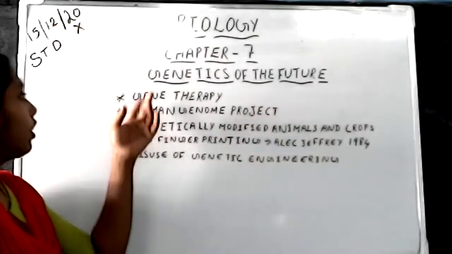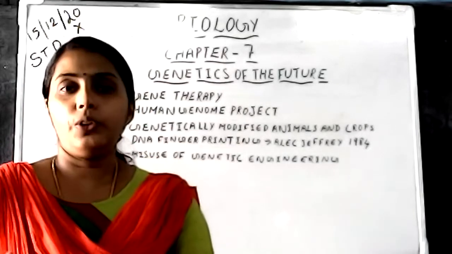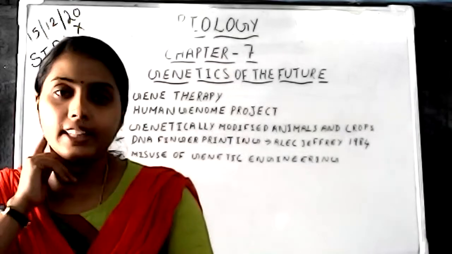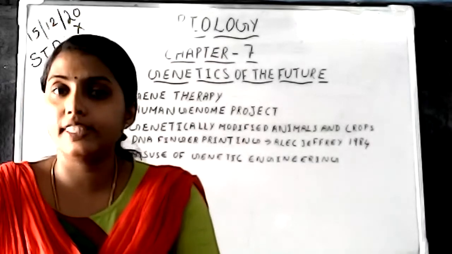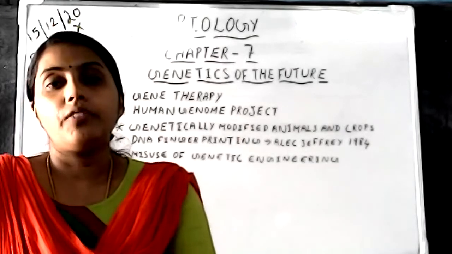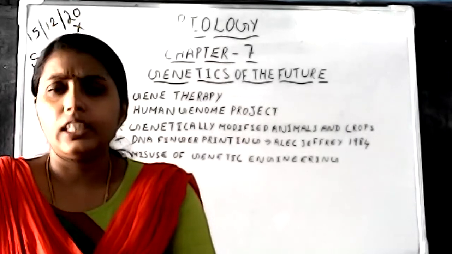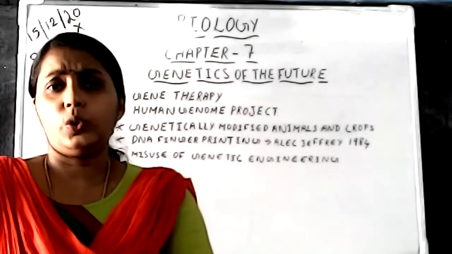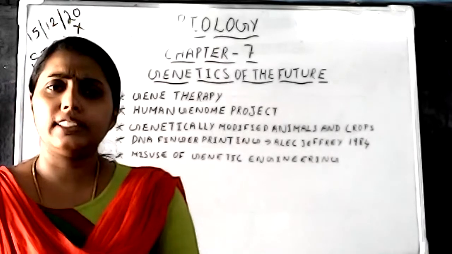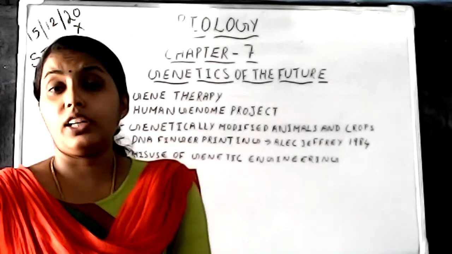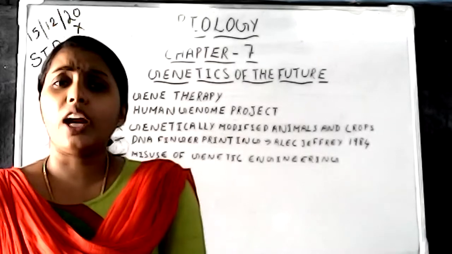Next, about gene therapy. Gene therapy means, as I have told you, we can cut a gene and replace it with another gene. Nowadays there are many genetic diseases. We hear about hemophilia, sickle cell anemia. All these are genetic diseases, and likewise many other genetic diseases are also there. In order to remove such genetic diseases, as science and technology have developed, gene therapy has a great role.